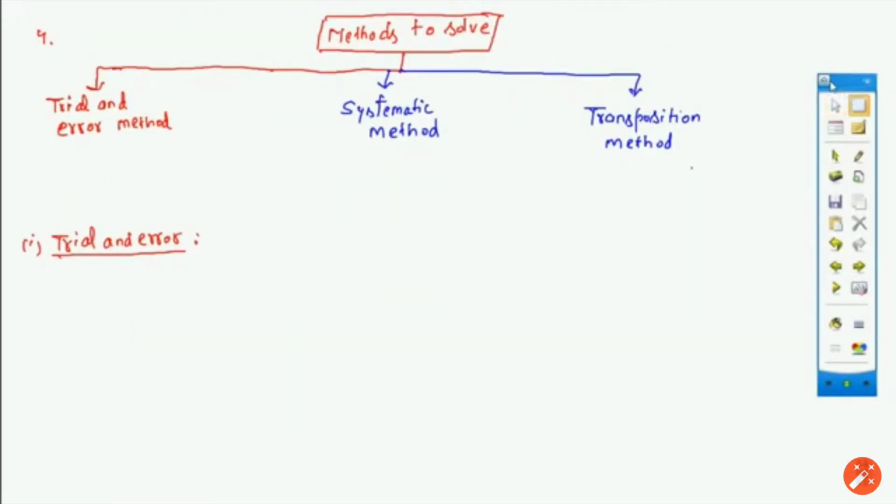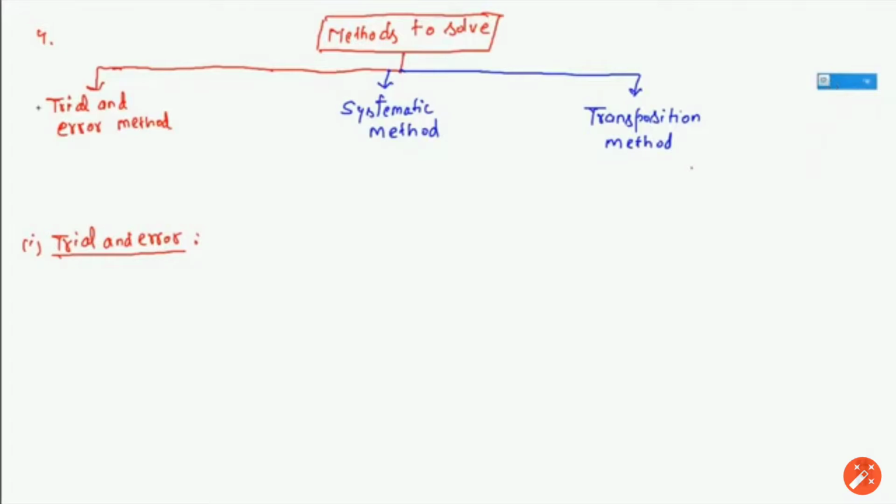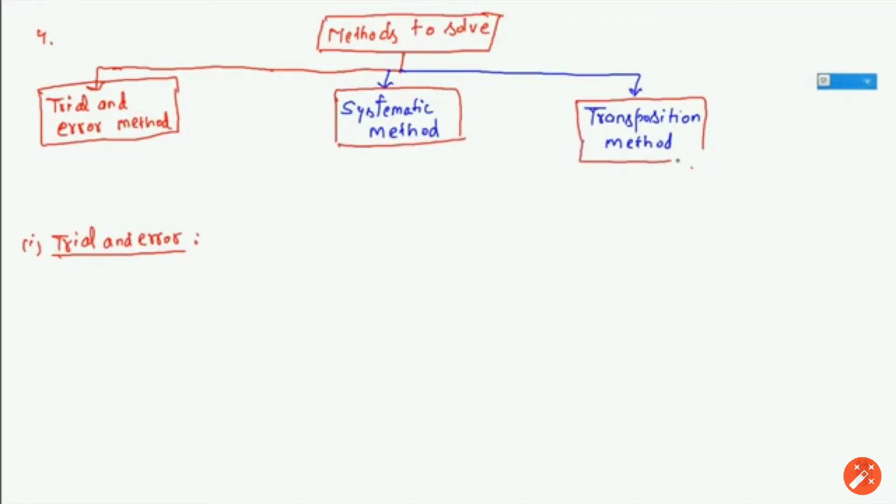Now we will understand methods to solve linear equation in one variable. There are three methods. First method is trial and error method. Second one, systematic method. Third one, transposition method. We will discuss one by one.